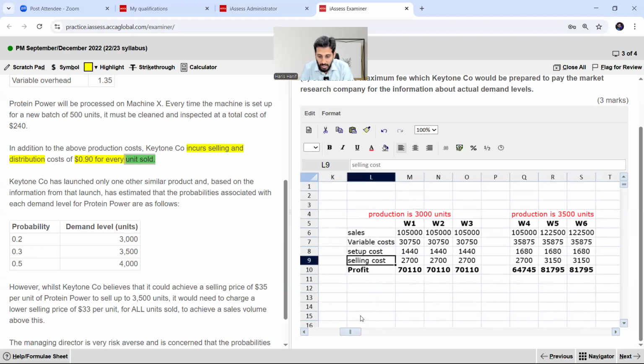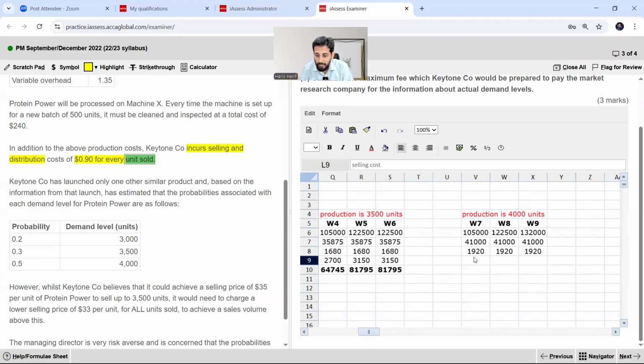the selling cost. Please see and note that selling cost is based on number of units sold. So here I have sold 3,000 units multiplied by 0.9. Here I have sold 3,500 multiplied by 0.9.